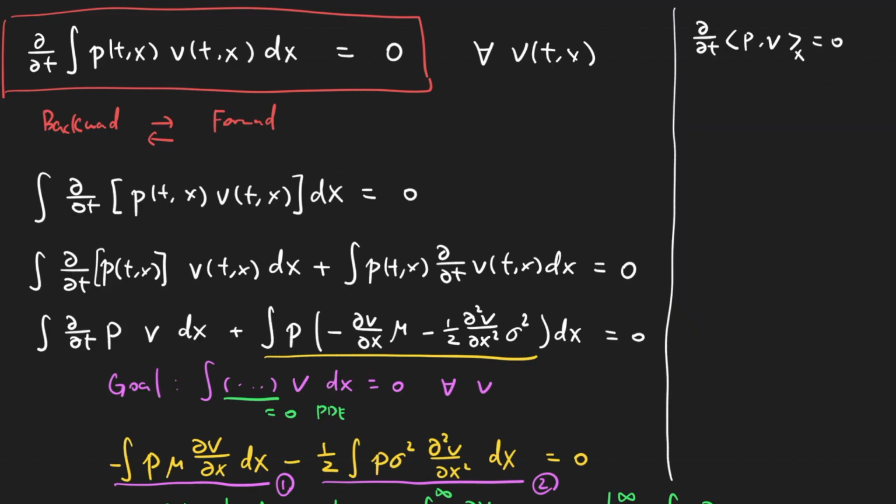It gives us the inner product of partial t acting on p with v, plus p with partial t acting on v, equals to 0. Then we can use the Kolmogorov backward equation to replace the second one with the inner product between p and L acting on v. And we'll copy the first term.